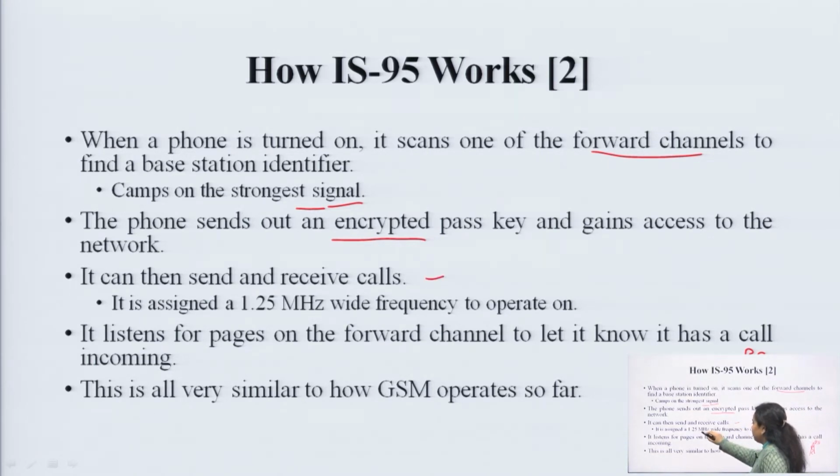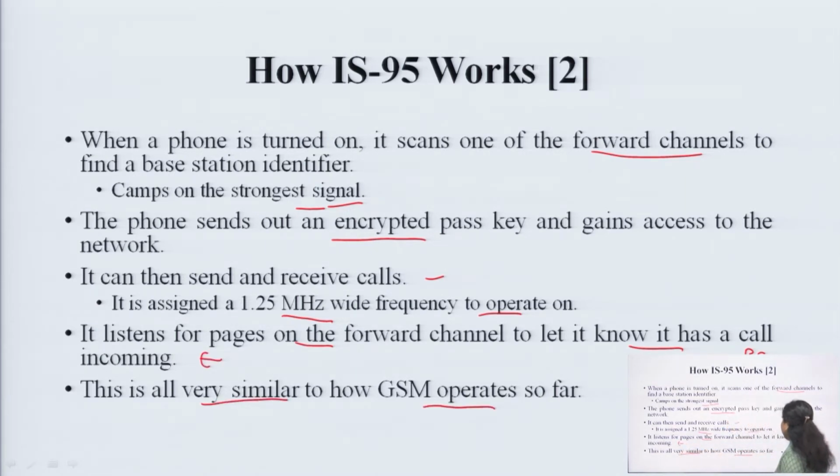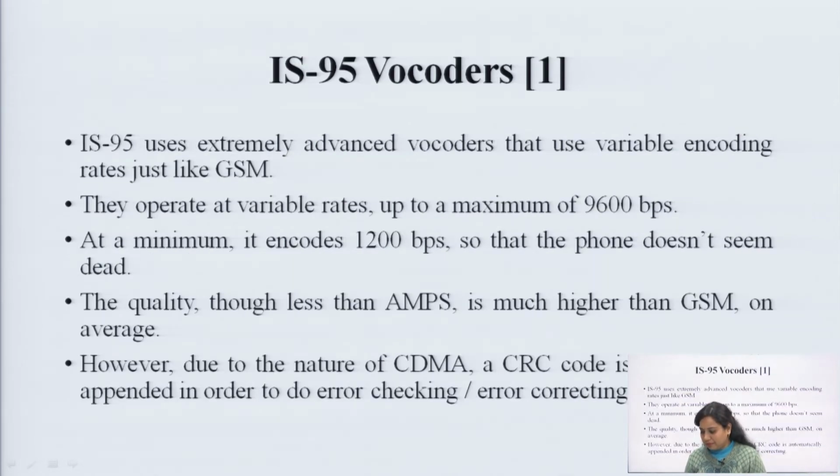It is assigned a 1.25 megahertz wide frequency to operate on. It listens for pages on the forward channel to know when a call is incoming. This is all very similar to how GSM operates so far. IS-95 is very similar to GSM because both belong to the second generation network.